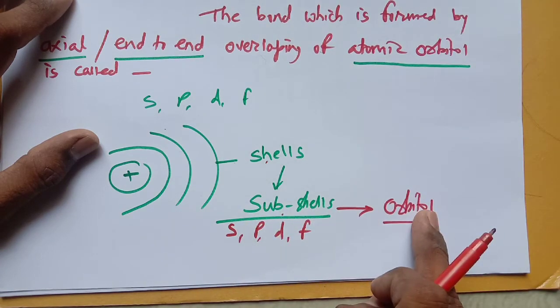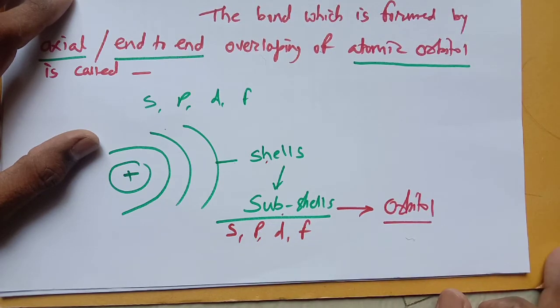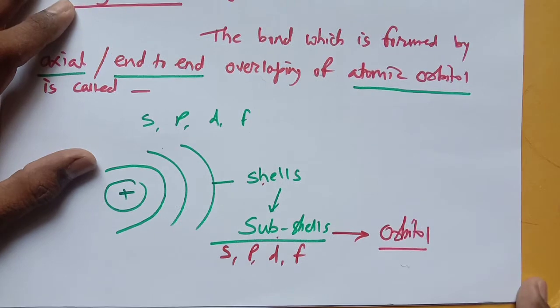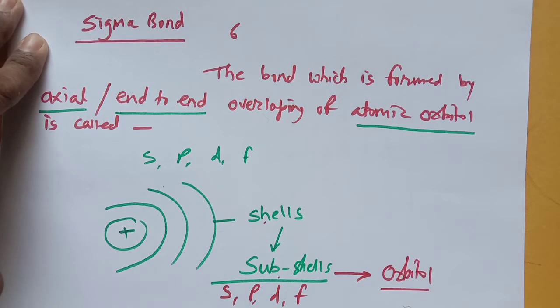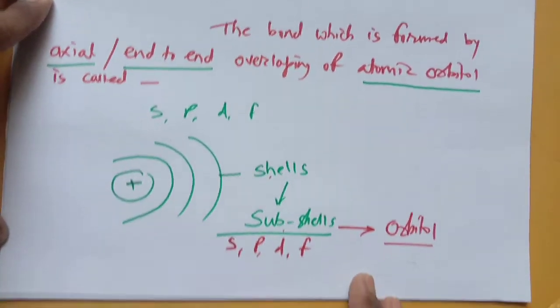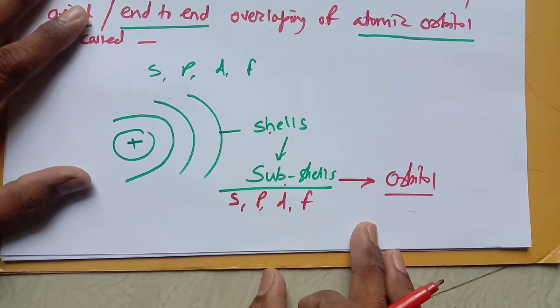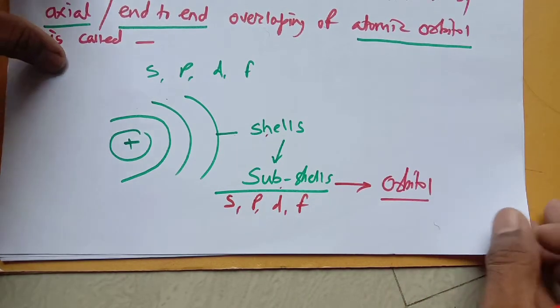A subshell contains the orbitals in which the electrons are present. So this is the definition of an atomic orbital: the place where there is a maximum probability of finding the electron is said to be the atomic orbital.